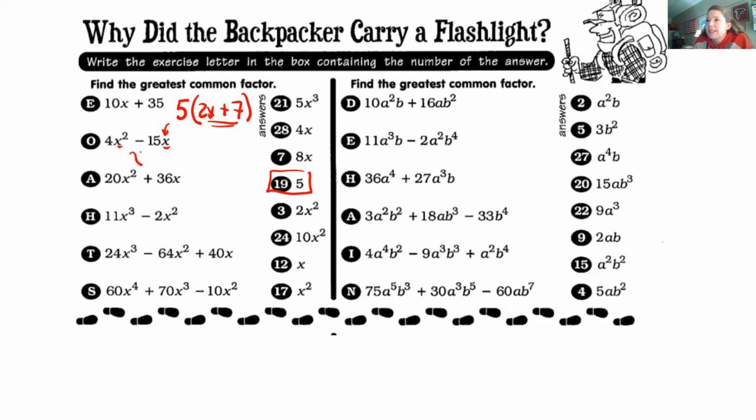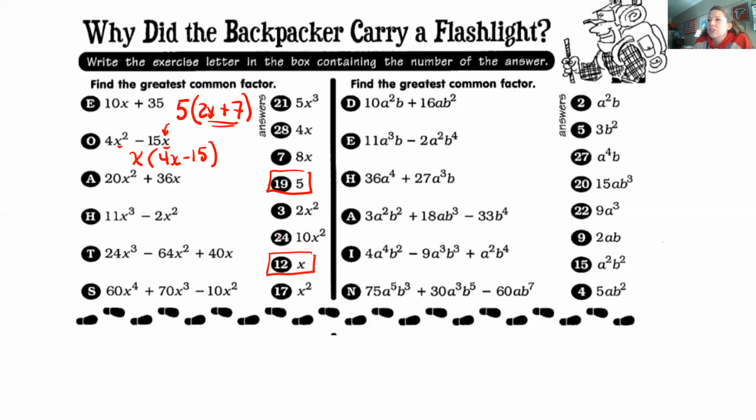So if I factored out an x, 4x squared divided by x is just 4x, and negative 15x divided by x is minus 15. Now, when you look at what's left in the parentheses, you need to think, do those two numbers have a common factor? So the answer is no. So that means x was the greatest common factor. So letter O is 12x.